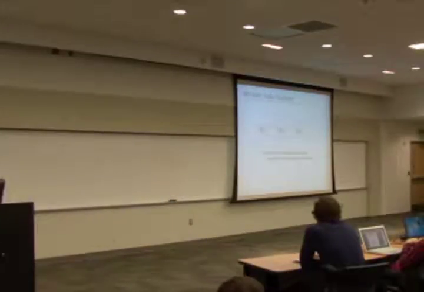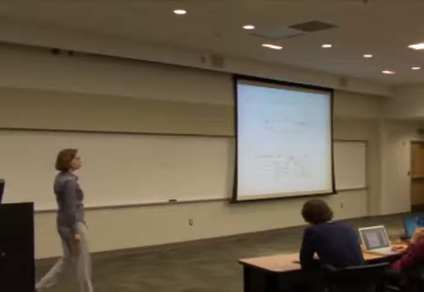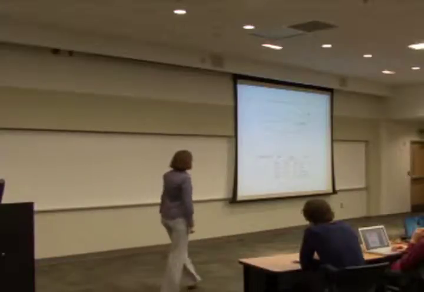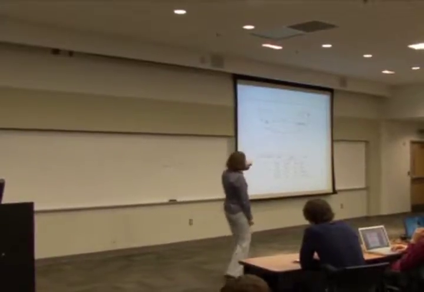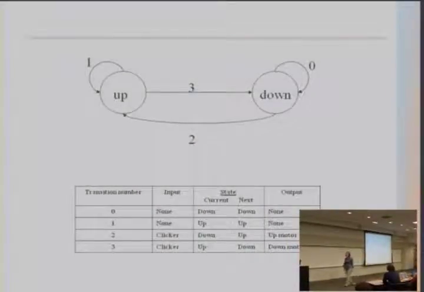So let's look at one simple example of, let's say, a garage door opener. So this is the table that is describing the garage door opener. And what are the possible states? For a door, usually that's the case, open or closed.